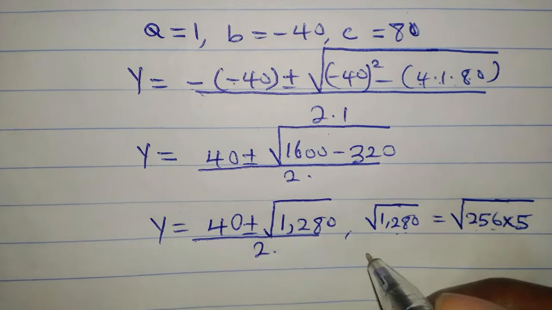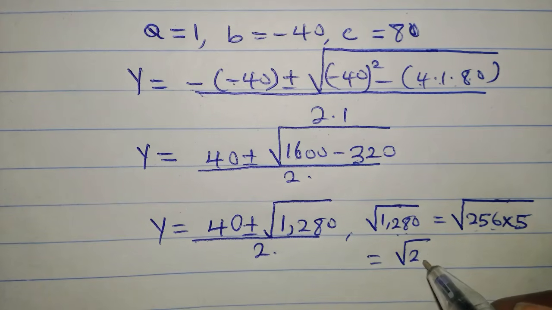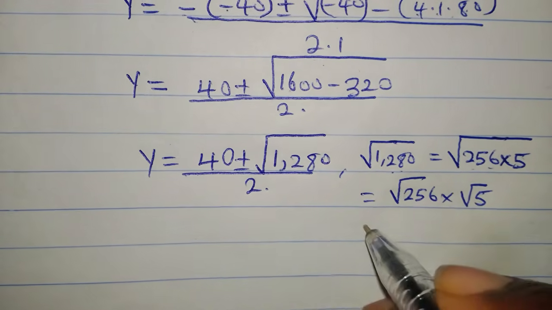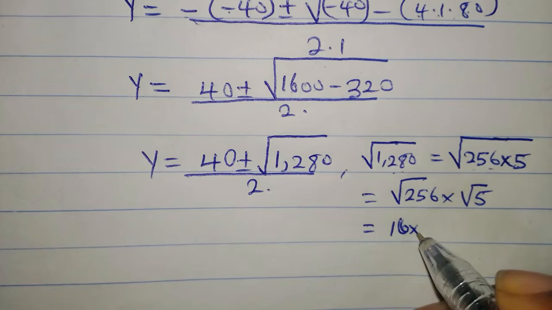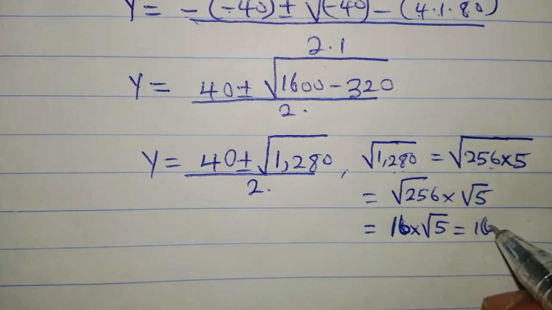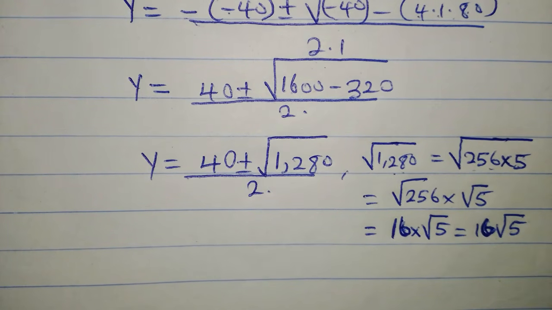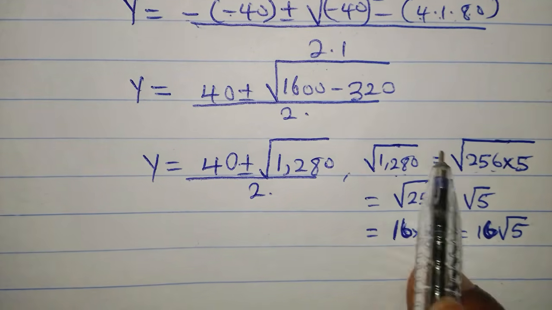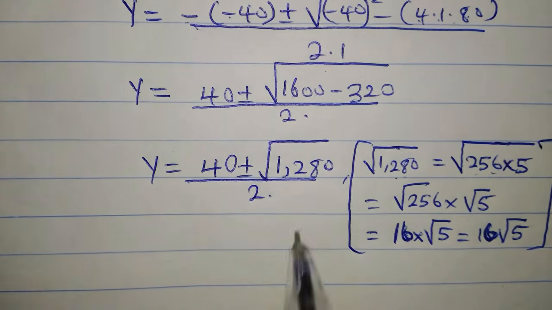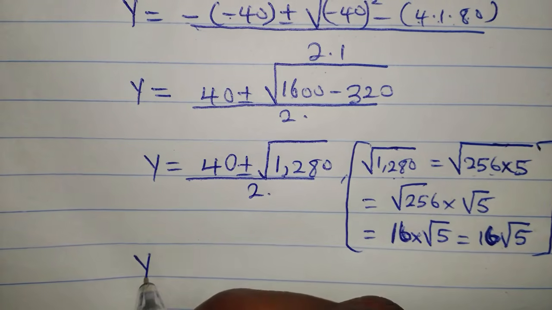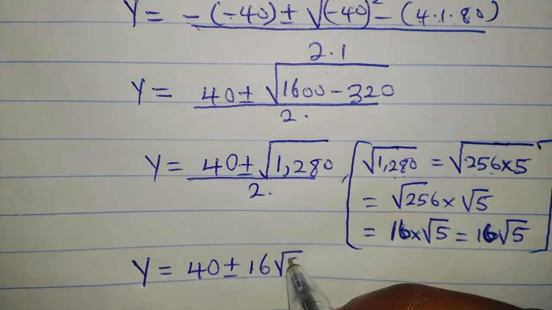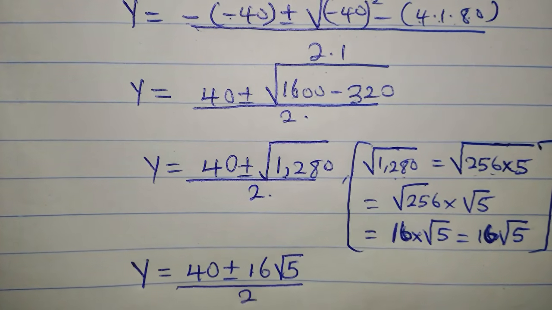So this is also equal to the square root of 256 times the square root of 5, which is also equal to 16 times root 5, which is 16 root 5. So we'll put this into this part. We simply have y equal to 40 plus or minus 16 root 5, divided by 2.